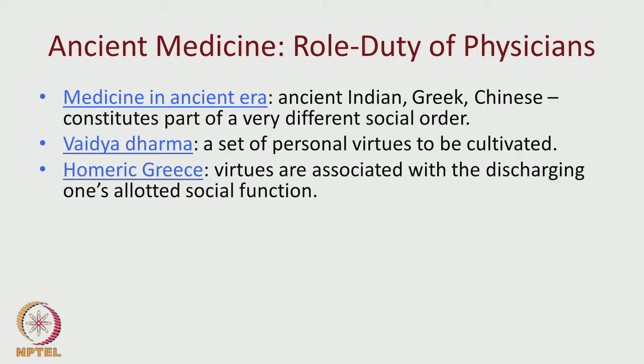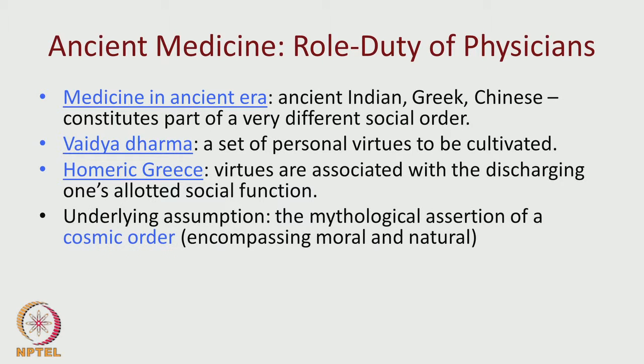And then similarly in Homeric Greece, we will find that virtues are associated with the discharging of one's allotted social function. And the underlying assumption is that the mythological assertion of a cosmic order encompassing moral and natural orders was something which was so supreme during the Homeric days. This is an observation by MacIntyre, which I think is quite applicable to ancient India as well, because in ancient India the Vedas also talk about a concept of Rita, which stands for the cosmic and the moral orders.